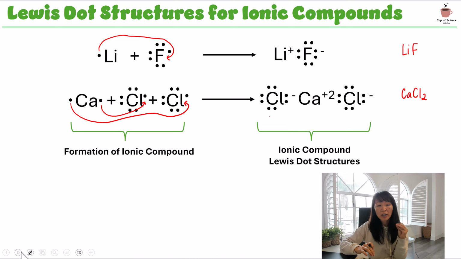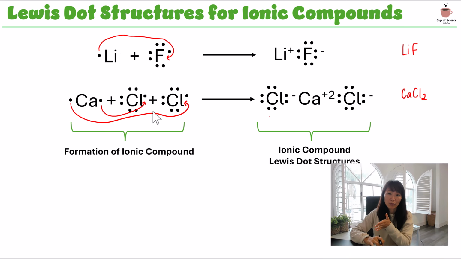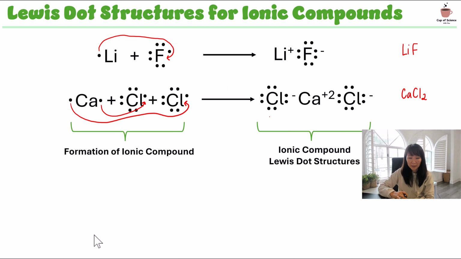So when I'm asking you to find the Lewis dot structure for an ionic compound, I am looking for what's on the right. But if you're trying to draw how the ionic compound is formed from the atoms themselves, then I'm looking for the left, and you should draw this process going to the right.